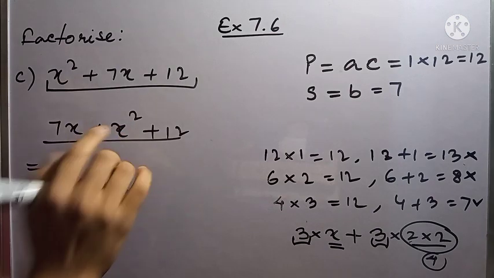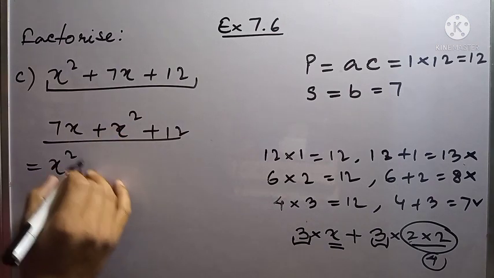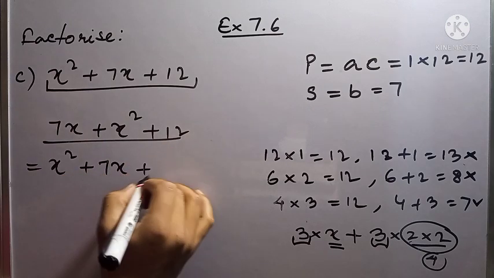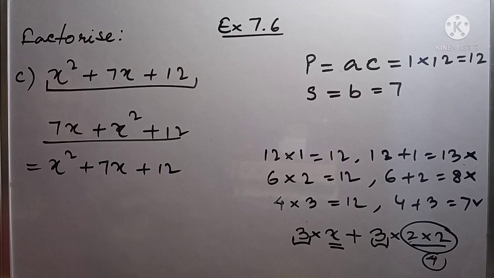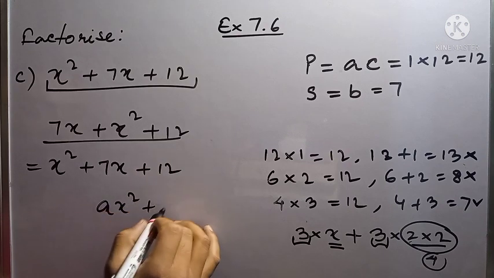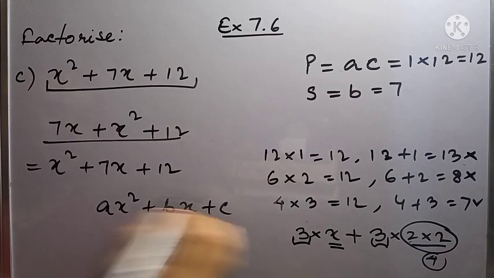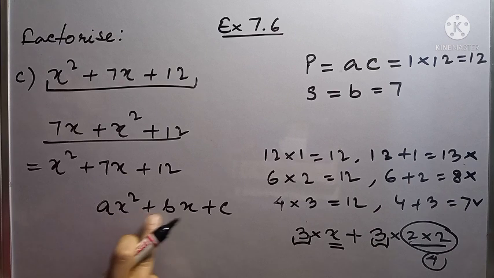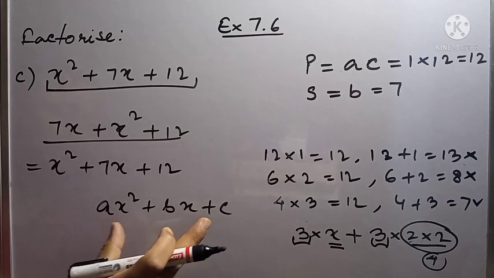In this term, x squared. So you'll write this x squared first, then this 7x you'll write in the second place, and then 12 you'll write at the last place. That means you have to express in the form of ax squared plus bx plus c. Now this is in the form of ax squared plus bx plus c. First you have to express in this way.